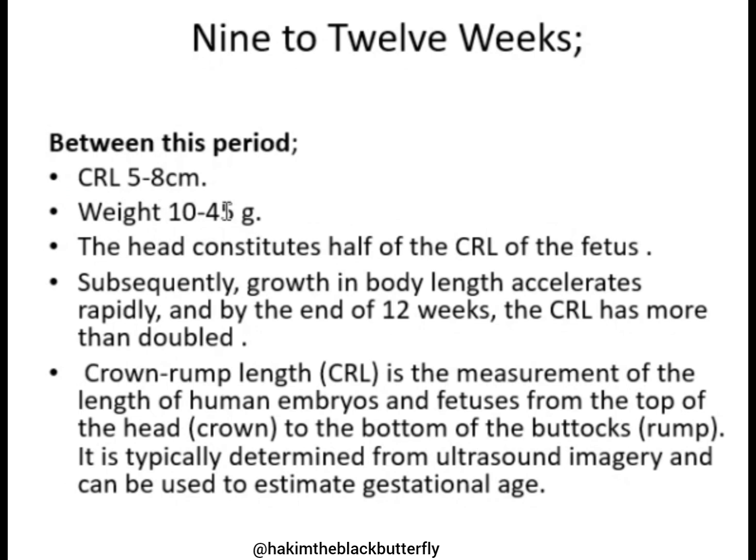At the beginning, the head structures grow faster than the rest of the body. That is why between week 9 up to 12, the head constitutes almost half of the entire crown rump length.